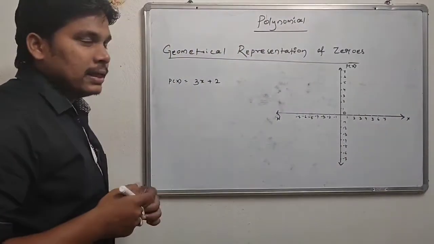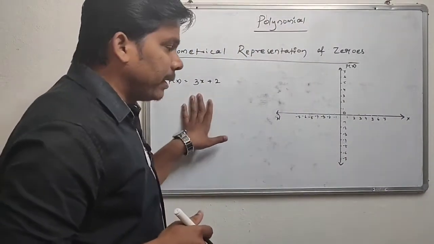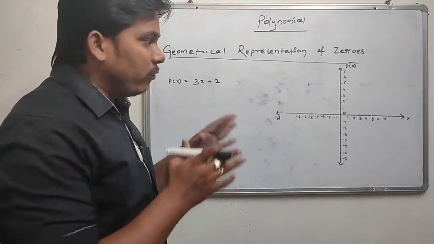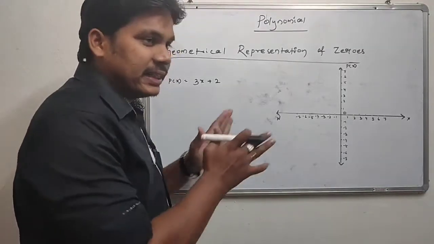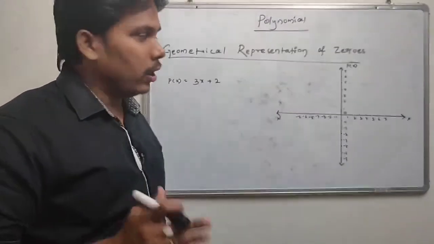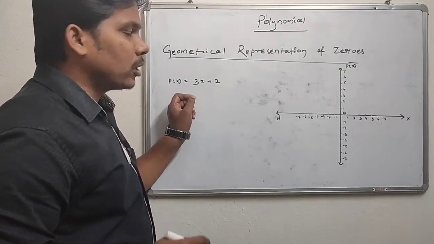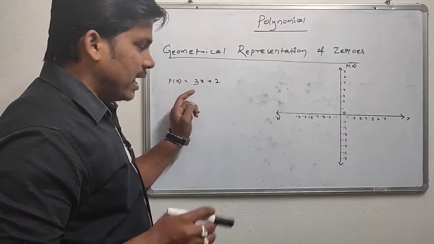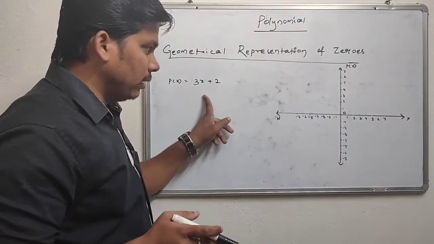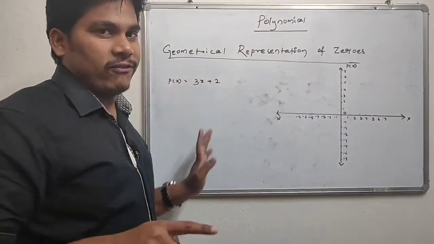Understand, my students? Here I want to represent the polynomial p(x) = 3x + 2 in the coordinate plane. I will take some values for x, put them in this polynomial, and draw a graph for this.